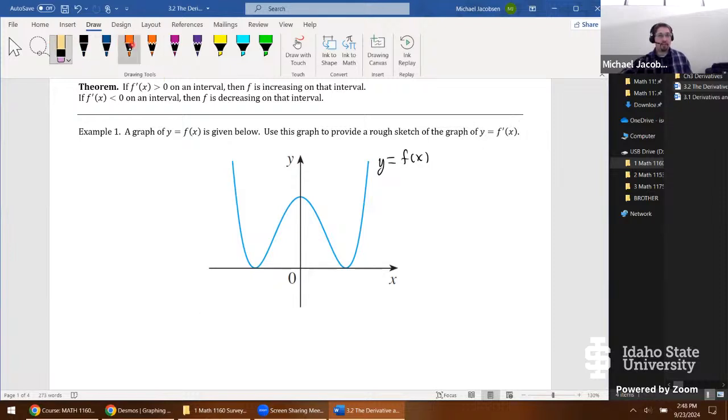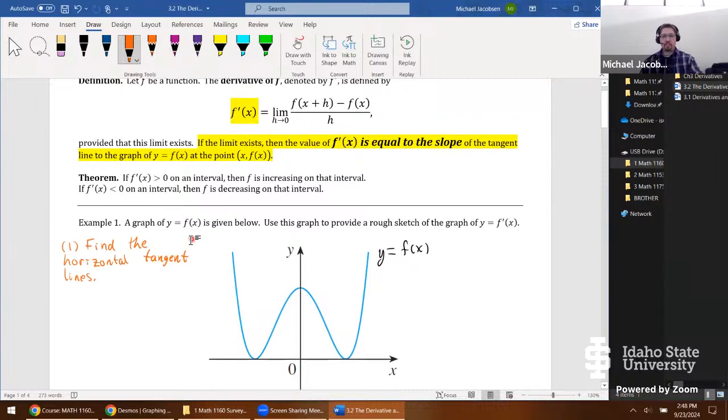So here's our step 1. Find the horizontal tangent lines. The reason that's a critical step is that the derivative of f is the slope of the tangent line.